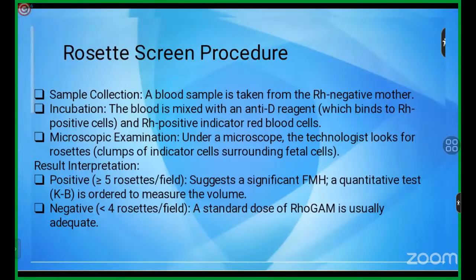Of course, there is usually a standard dose that is given. With less than 4 rosettes per field, we give a standard dose, and that is adequate. But when we find that it's greater than 5, we have to go to specific dosage calculation, especially with the quantitative assay.